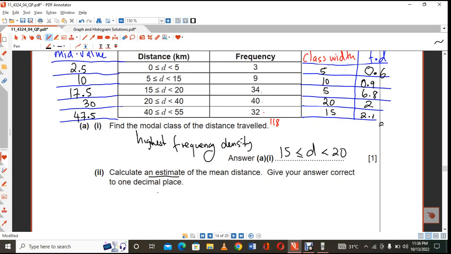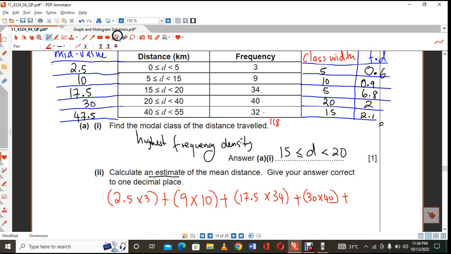Now, the way we do it, we say, in the group between 0 and 5, 2.5 is the average in that group, plus the group between 5 and 15, the 9 times 10, that is the mid-interval, plus the next one, 17.5 times 34, plus the next one, 30 times 40, plus the last one, 47.5 times 32.